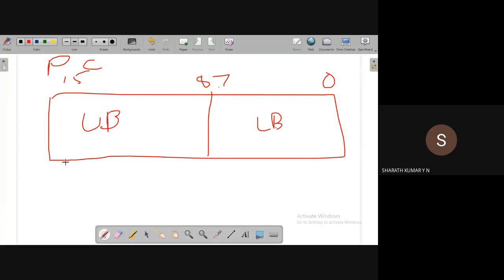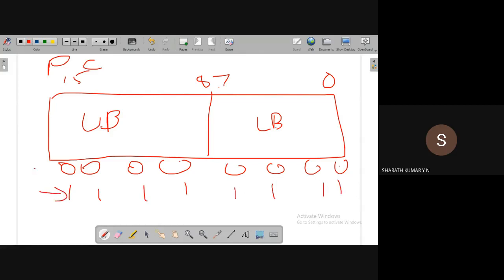The range can vary from 0000 up to 1111. 0000 will identify the first location, and the last location has an address of 1111.